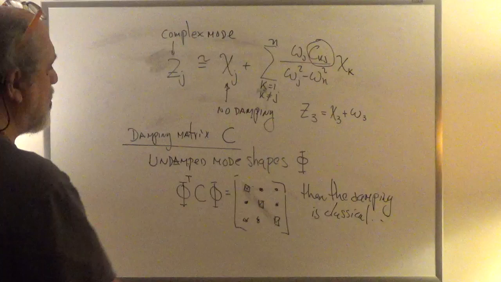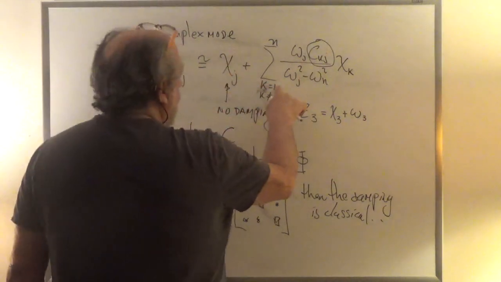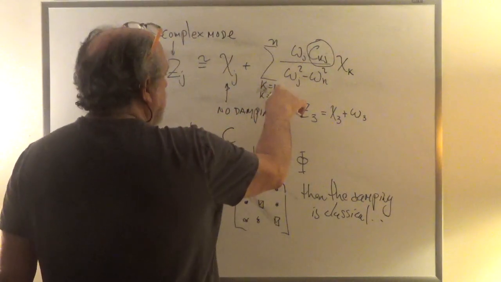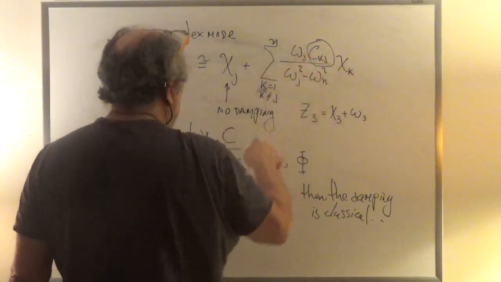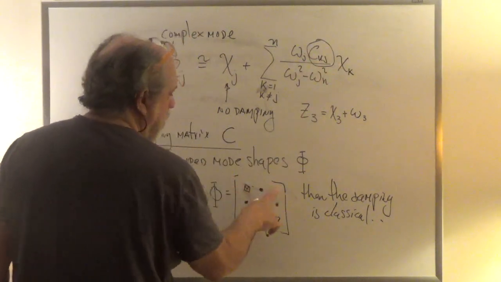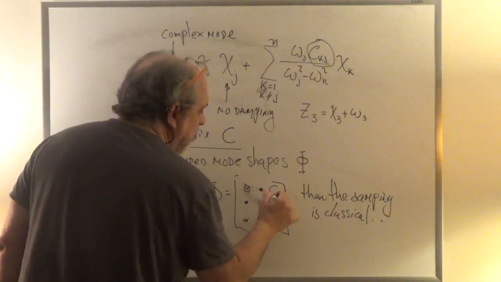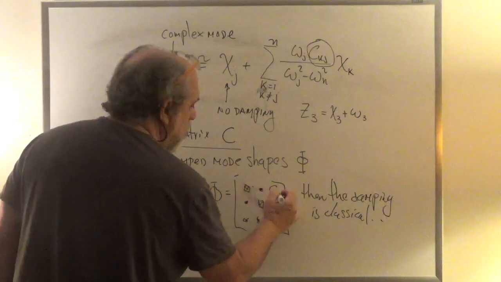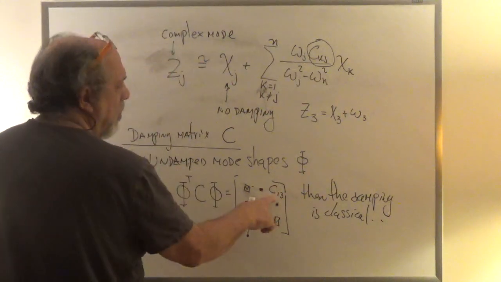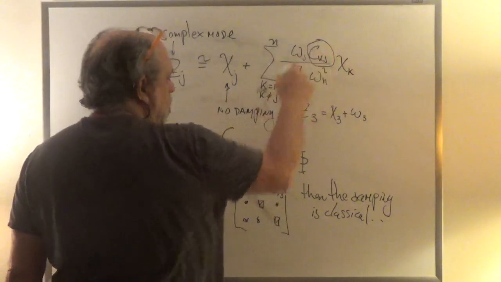Now K is 1, so row 1, column 3. So that would be C13, right here.